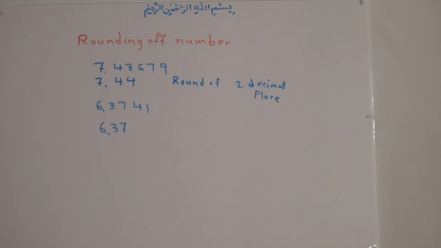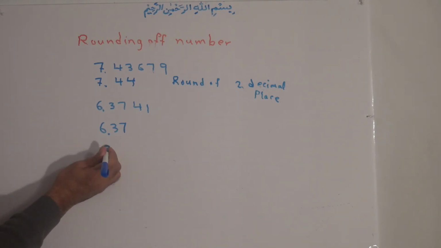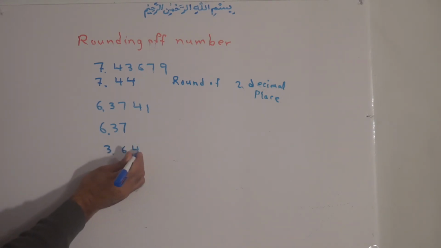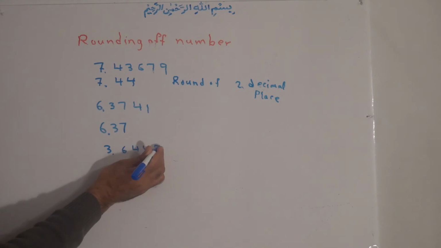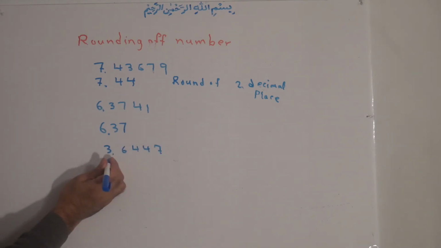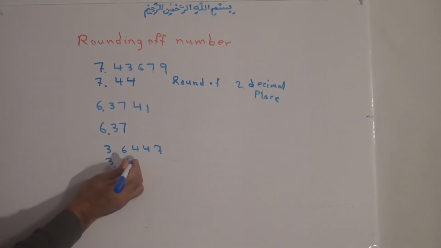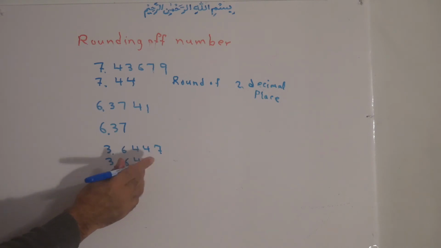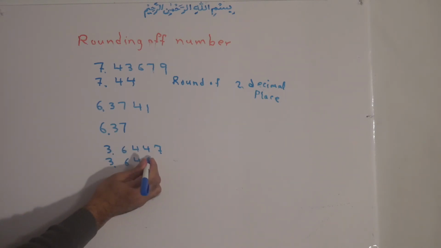I give you another example: 3.6447. If you round to 3 decimal places, now what do we do? 3.64, and because the next digit 7 is larger than 5, we make the last one 5.